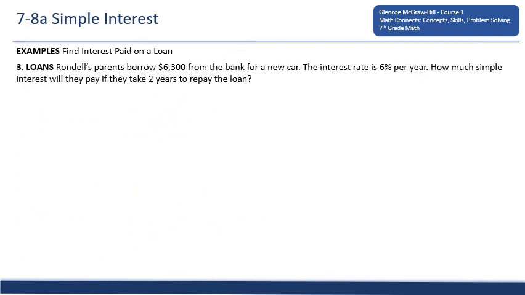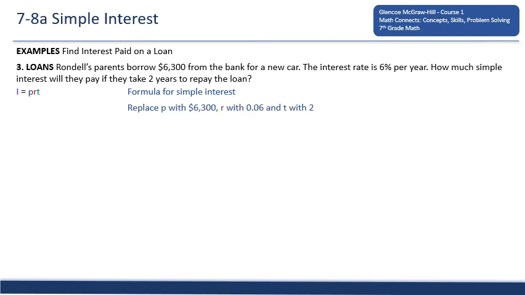Find the interest paid on the loan. Rondell's parents borrow $6,300 from the bank for a new car. The interest rate is 6% per year. How much simple interest will they pay if they take 2 years to repay the loan? So the formula for simple interest equals principal times rate times time.